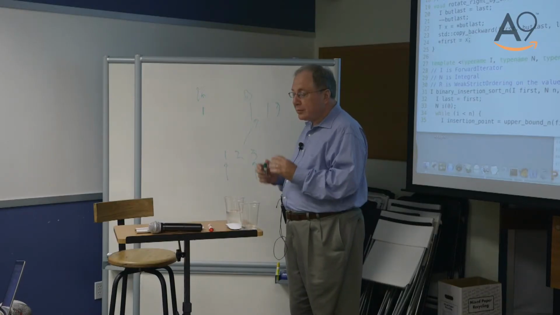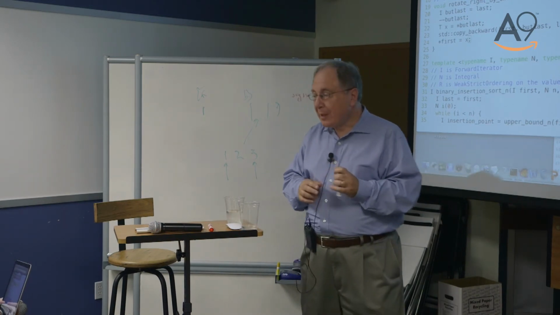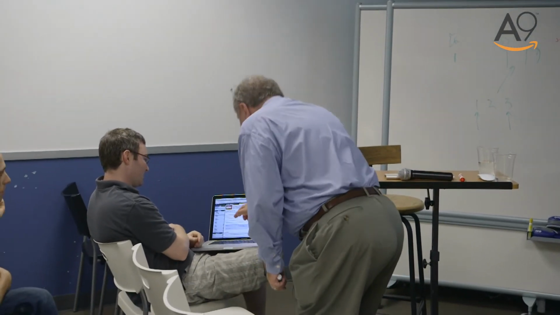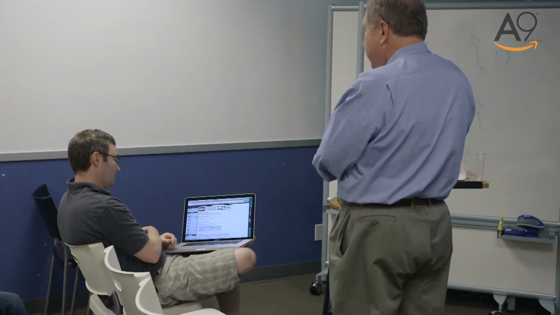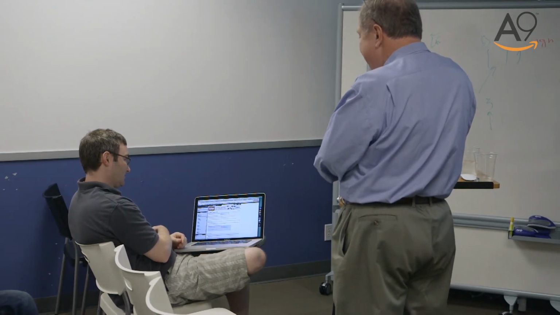Somebody, go and look at the code right now. It's while last is not equal to first, it's going to insert into result. But it decrements result right away. It's pre-decrement. I wrote the code.